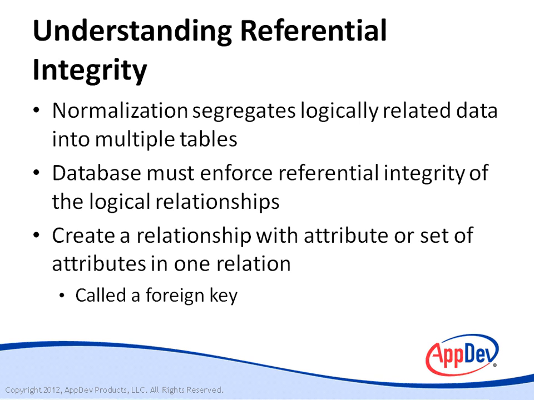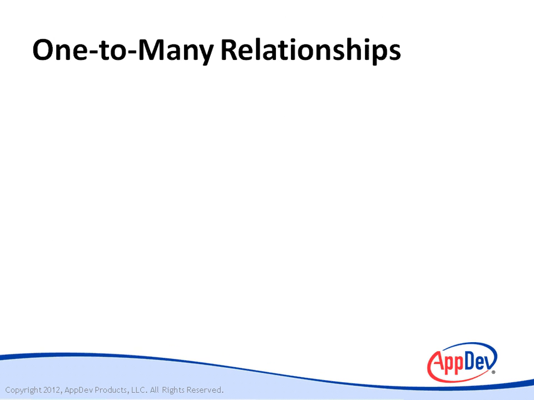You can allow foreign key columns to contain null values, but any non-null values have to match primary key values in the related table. And SQL Server can enforce several kinds of relationships, including one-to-many, many-to-many, and one-to-one.